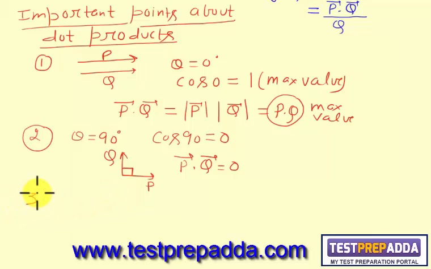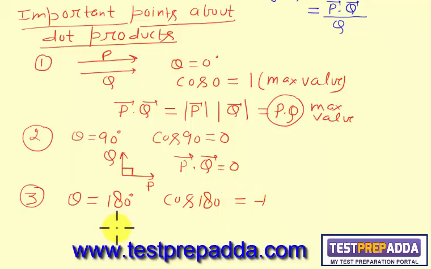Now point number 3. If I take anti-parallel vectors, anti-parallel means theta is 180. Theta 180 means cos 180 degrees how much? Minus 1.